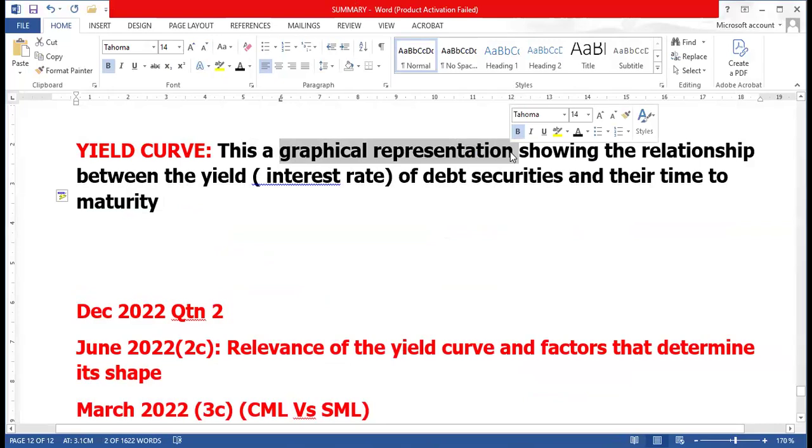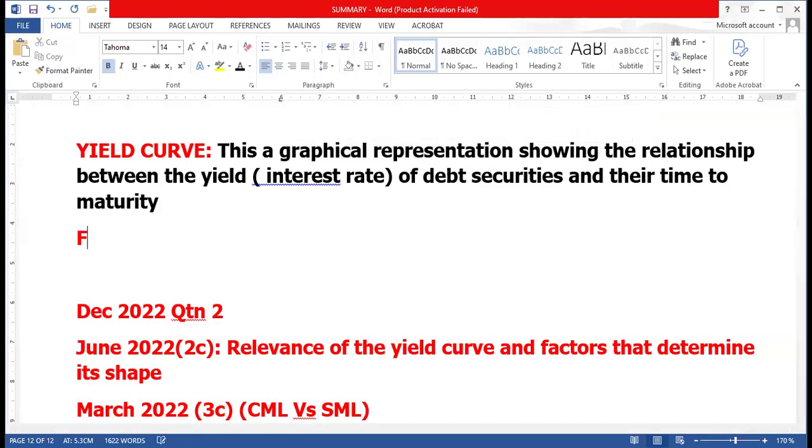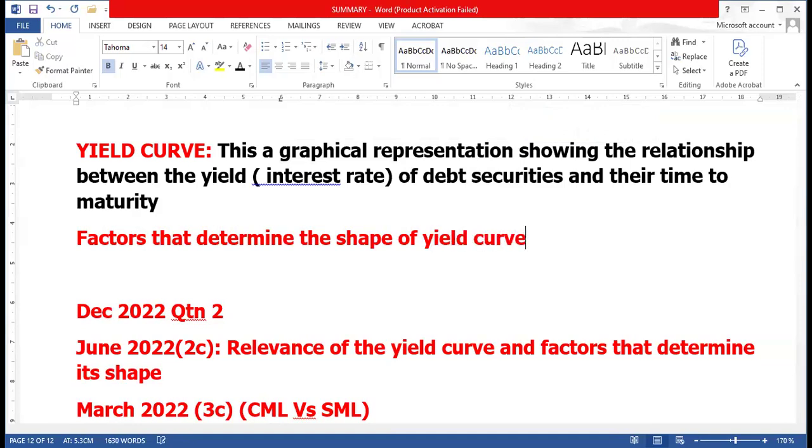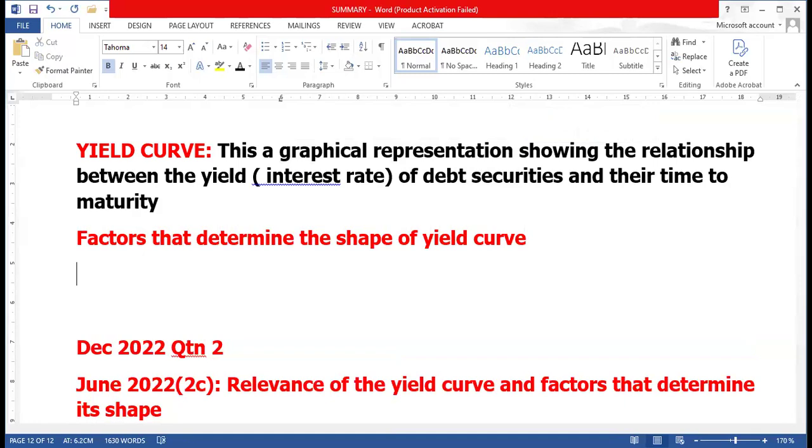You will have an increase, a decrease, a sharp decline, a sharp increase, depending on these factors that we are going to read. So the factors that determine the shape of yield curve include what? Do you have a hint? One, it is what? Someone has something.